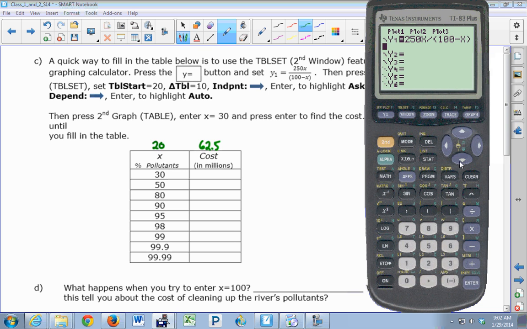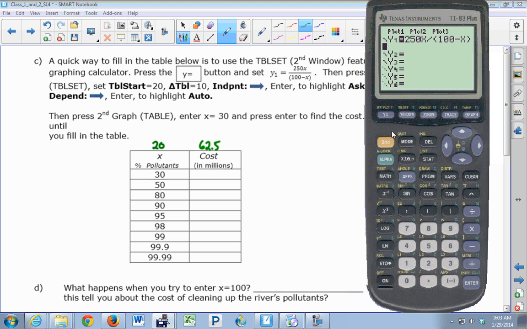All right, so what a lot of students aren't familiar with, they've used these to graph things, but they're not familiar with the table feature, which comes in really handy and can help you do a lot of things. So the table feature is, you see how it's yellow and it's above graph? Anything that's yellow on your calculator, you have to press the second button first.